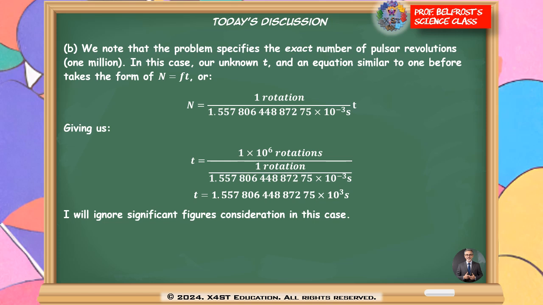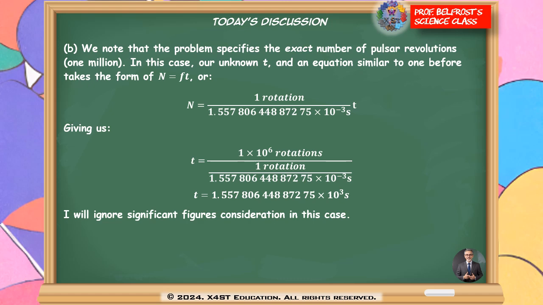So n equals the frequency times t, so t is just n divided by f, very simple, and it gives us t equals 1.557 blah blah times 10 to the 3. If you want to be consistent, you can express it as 1.56 times 10 to the 3 seconds, as we need to express it in three significant figures too.